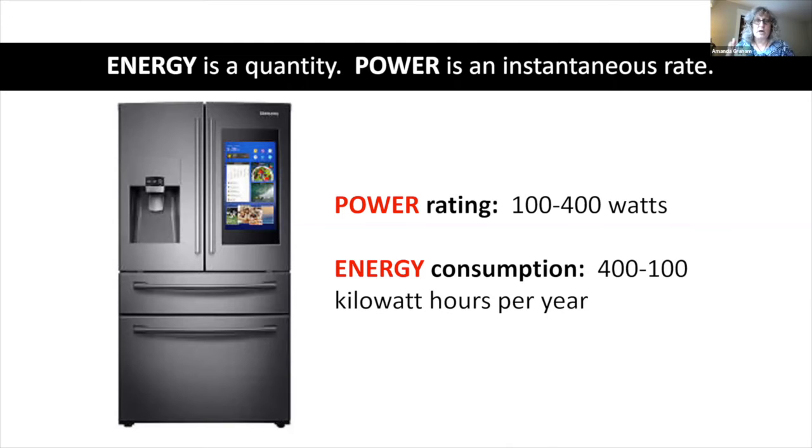Here it's rated between 100 and 400 watts for this kind of model, which means that over a period of time, so over the period of a year, it's using 100 to 400 kilowatt hours of energy. It's consuming that amount of energy over a year. So oftentimes we see our appliances and we can understand how they're rated for a given moment in time, but that doesn't tell us how much energy they actually use for an hour, a day, a year.